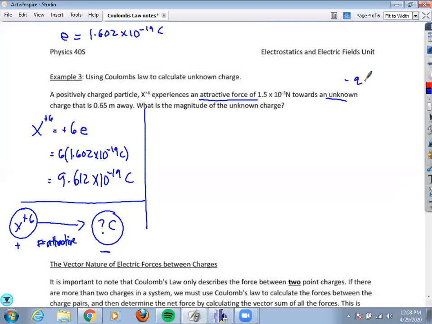So this is a matter of, again, using Coulomb's law and solving for a different variable other than Fe. So we've got Fe equals K Q1 Q2 over r squared.